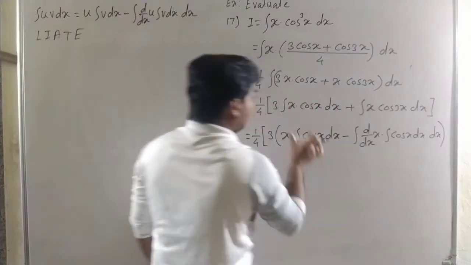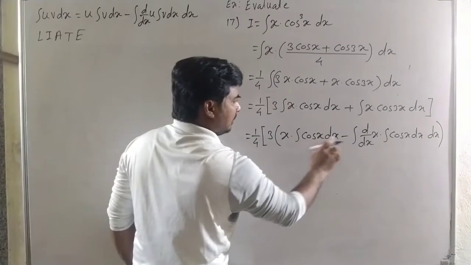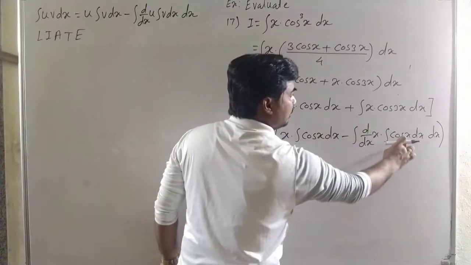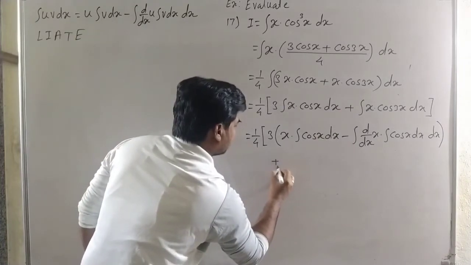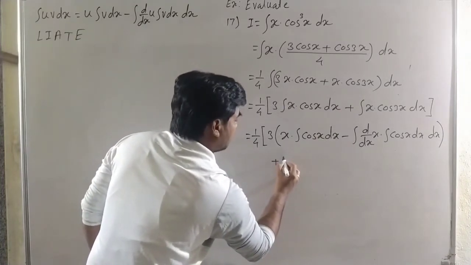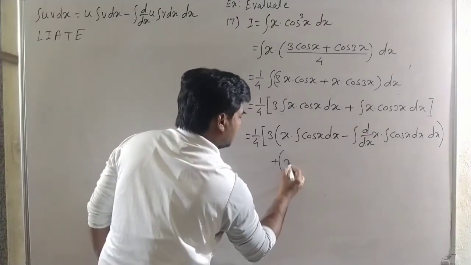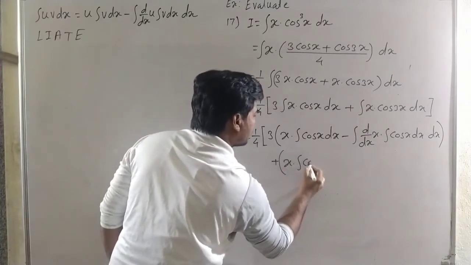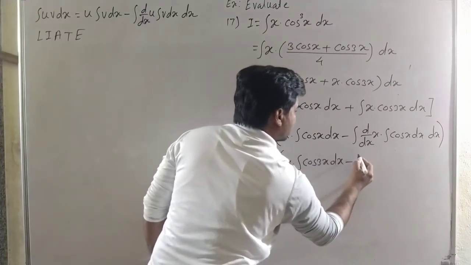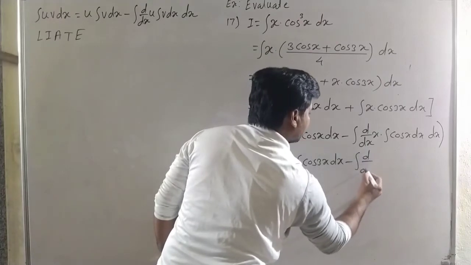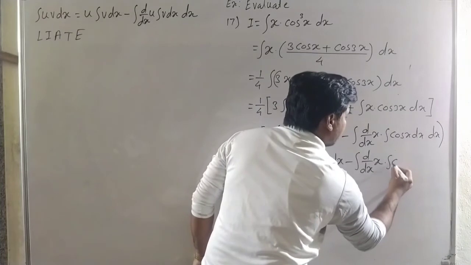Here it is only the integral of the first term by using u into v: u into integral of v minus integral of derivative of u into integral of v. Now it is a plus. Again here we write the integral of this term: plus x into integral of cos 3x minus integral of derivative of u into integral of v.